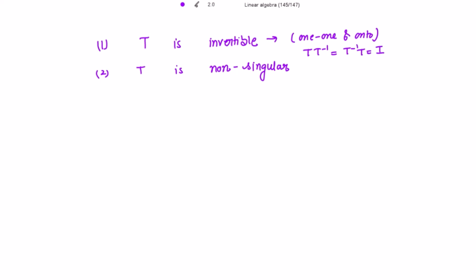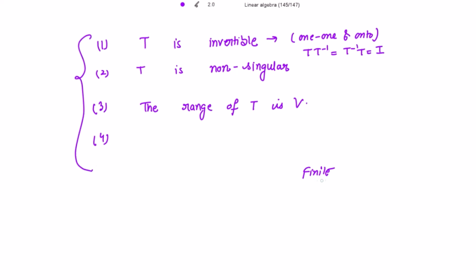Second, T is non-singular. Just now we have revised the non-singular transformations, that is, kernel T consists of the zero vector alone, right? Third, the range of T is V. So here we are talking about finite dimensional spaces. These are the conditions for finite dimensional spaces, and these are all equivalent statements where the dimension of U is equal to the dimension of V, right?